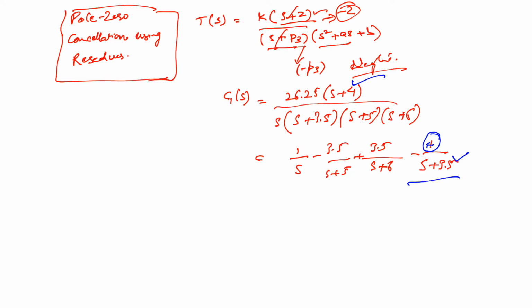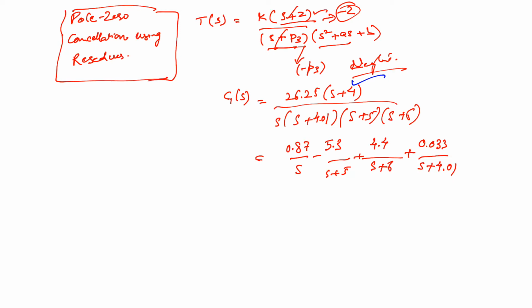We can say that it is not negligible as compared to other residues. So the second order step response approximation cannot be made for this function. This is how it can be done with the residues, that is, pole zero cancellation with the residue.